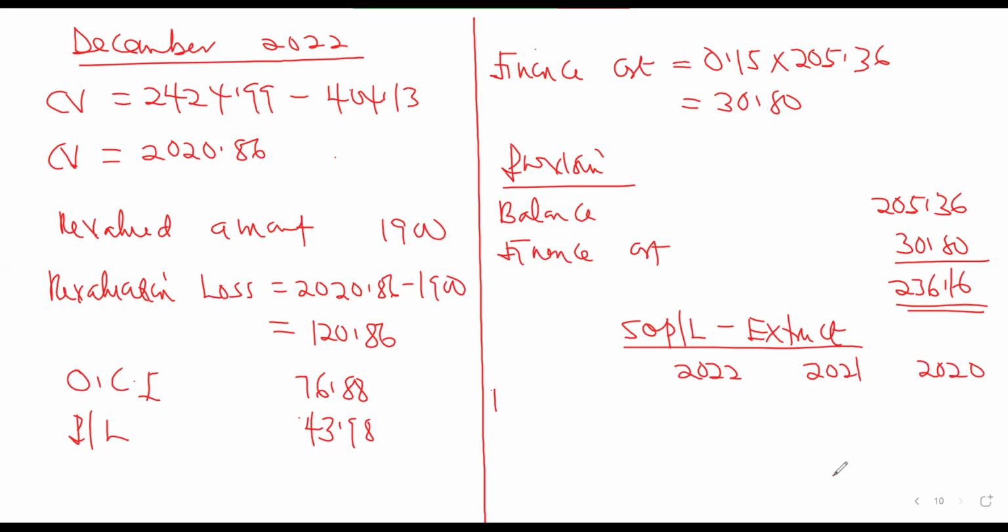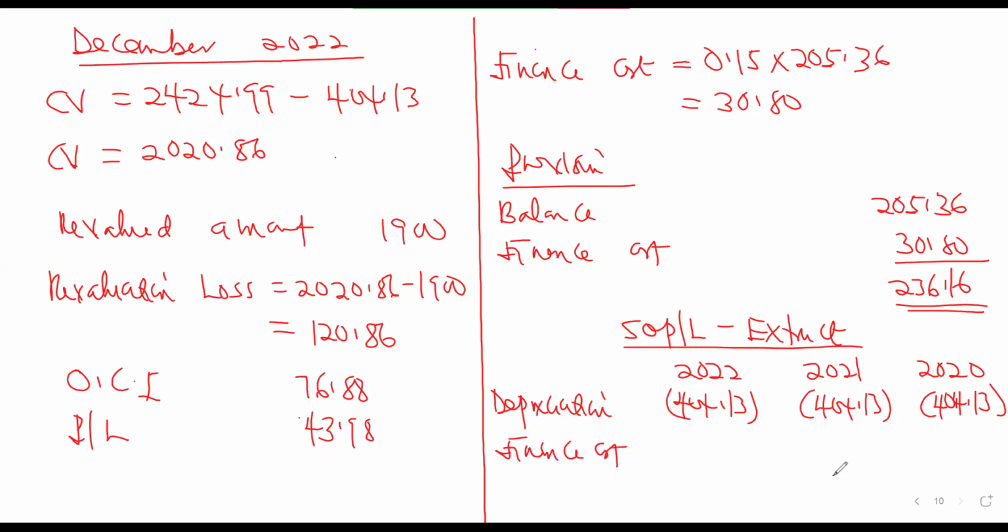The first item that will come will be depreciation. Depreciation for the current year will still be the same figure, 404.13. Depreciation will also be 404.13 for the other years. What will be the finance cost? So let's calculate the finance cost for each of the years.